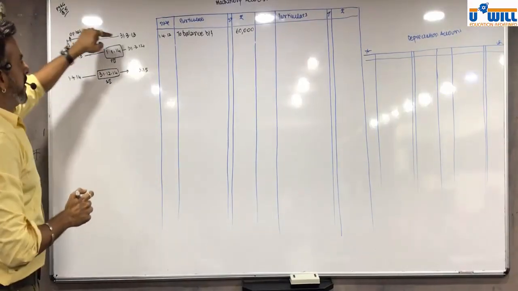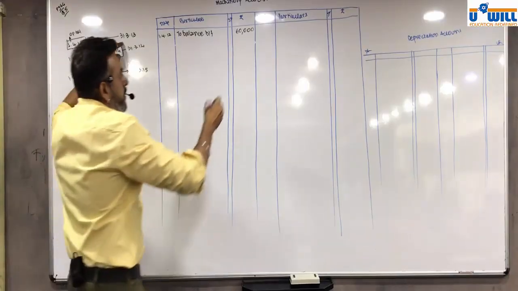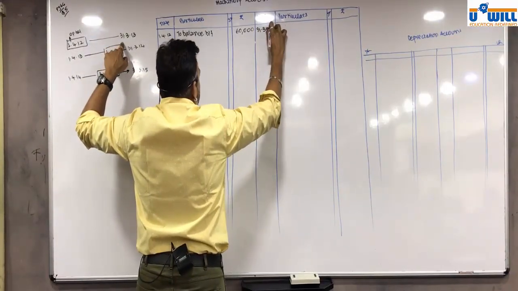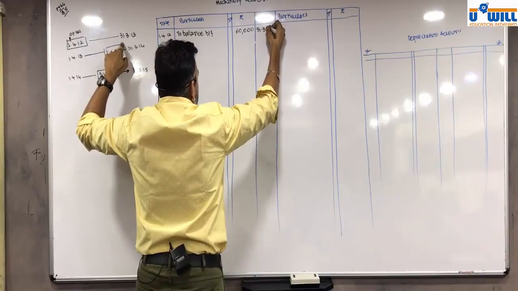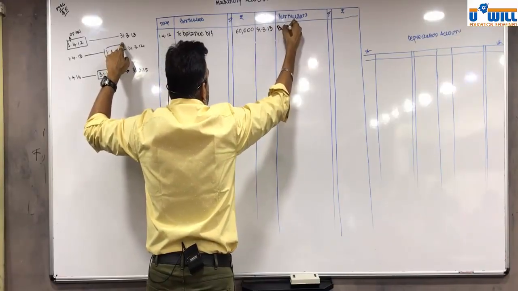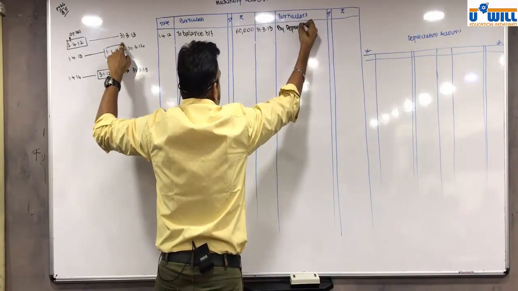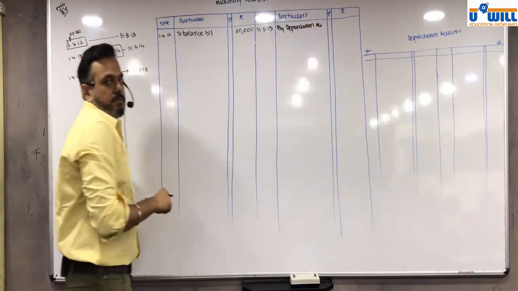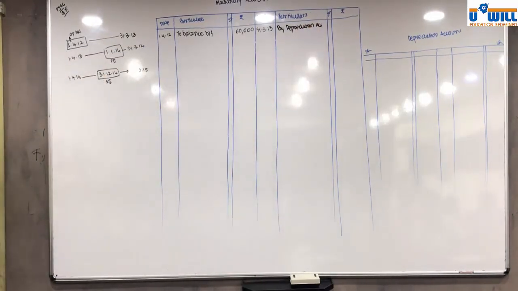Now, what's the next date? 31/3/2013, depreciation. What is the rate of depreciation? 5%. Calculate and tell me the depreciation.